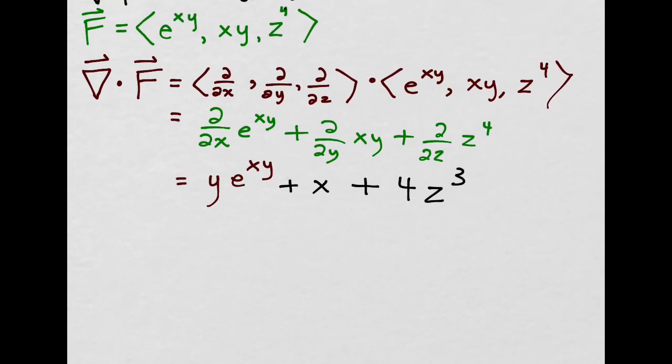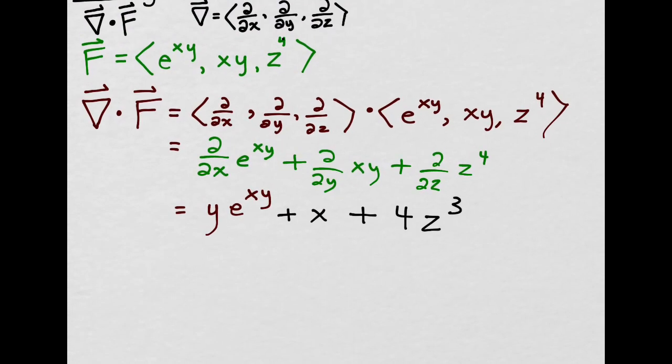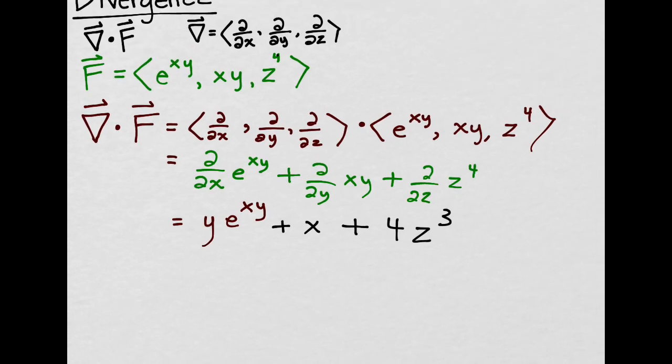If we wanted to know exactly what that vector is, oh no, it's actually not a vector, it's a scalar. Dot products give you scalars. If you want to know what the scalar is at a particular point, you can just plug in whatever the coordinates are of that point.